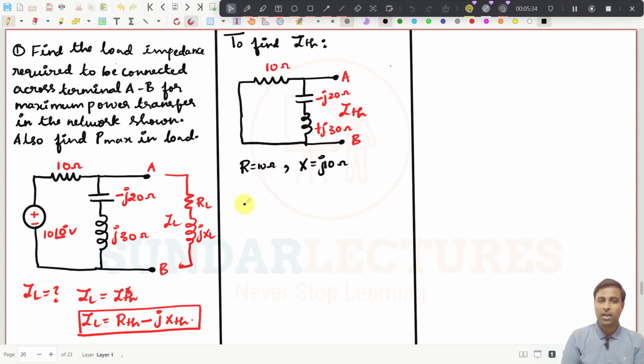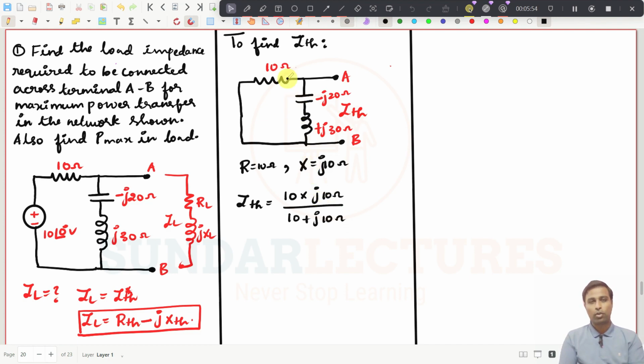And what is the equivalent impedance? ZTH should be equal to, if it is connected in parallel, then 10 into J10 ohms divided by 10 plus J10 ohms, right? This is the expression you need. You have to add in the denominator and multiply in the numerator those two values, if they are connected in parallel, and we know these kinds of basics already, right?